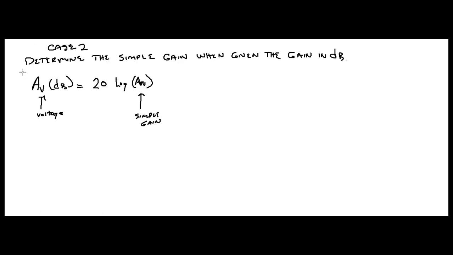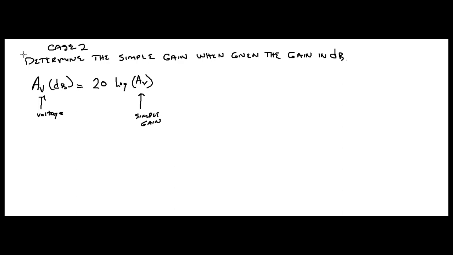Okay, so I'm sorry about this. Let me just write that for you to make sure you have this correct. This is simple gain, and the V stands for voltage, right? And this is your gain in decibels.